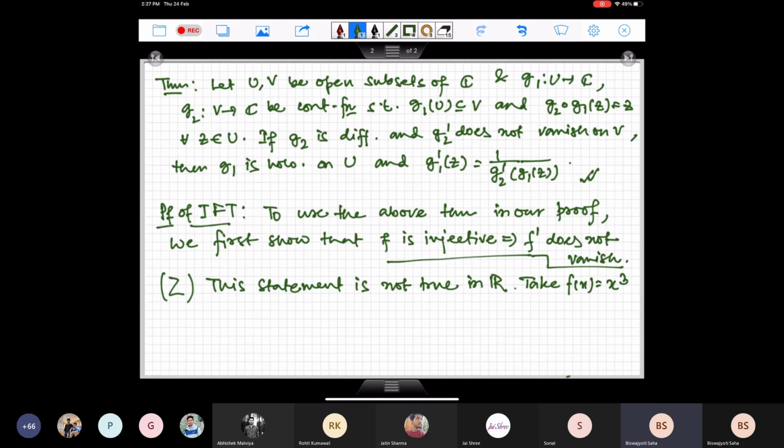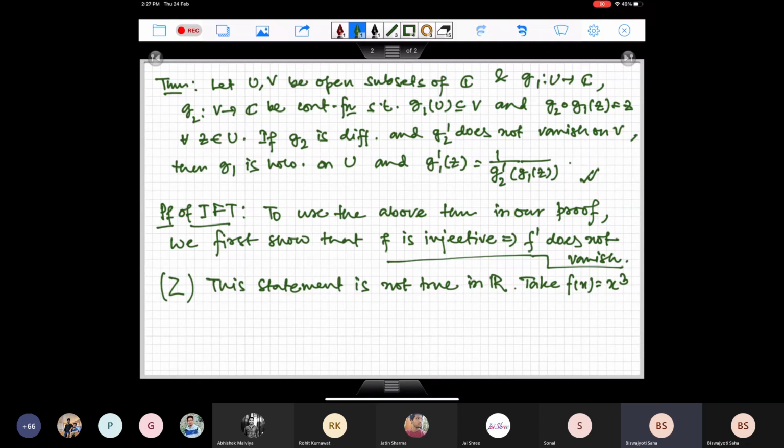So you really need to be careful that we are going to have this complex analytic thing going on over here. This is a particular property of complex holomorphic functions. I'm going to show here that if I have an injective function, then the derivative does not vanish.